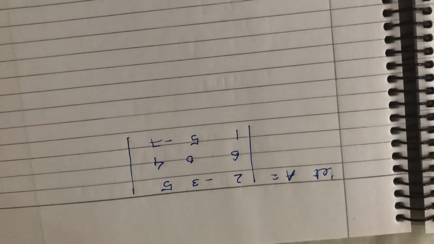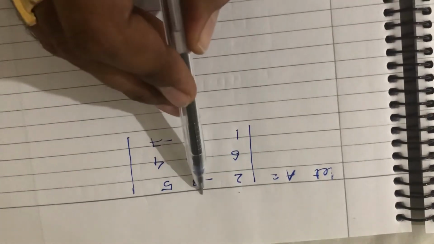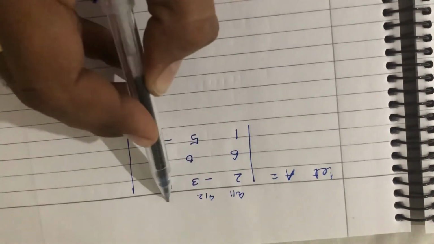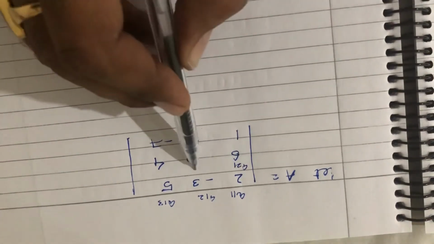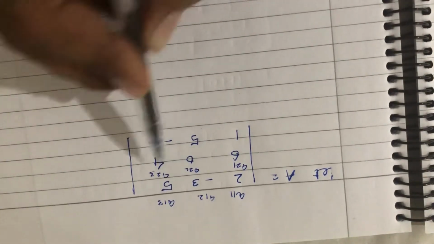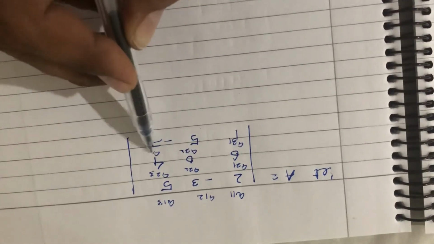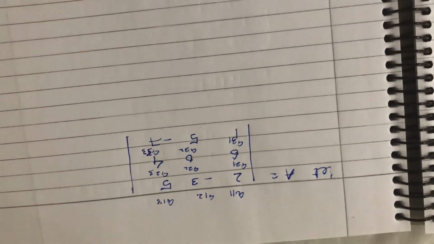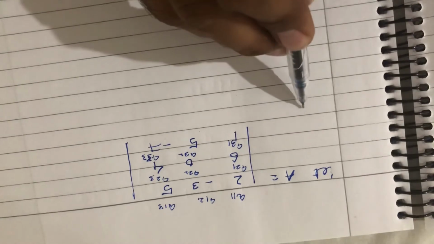We know the elements of the given determinant: A11, A12, A13, then A21, A22, A23, and A31, A32, A33. Here, first we want to find the minors.